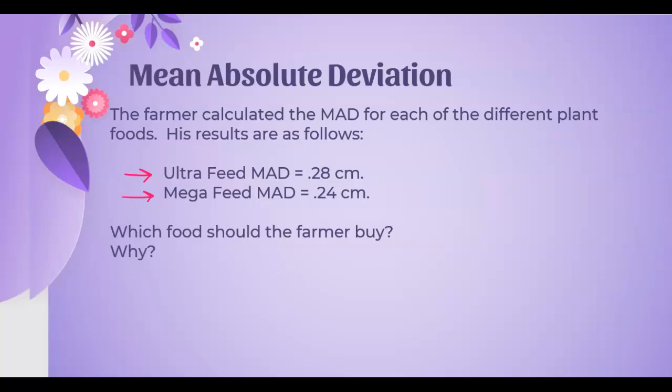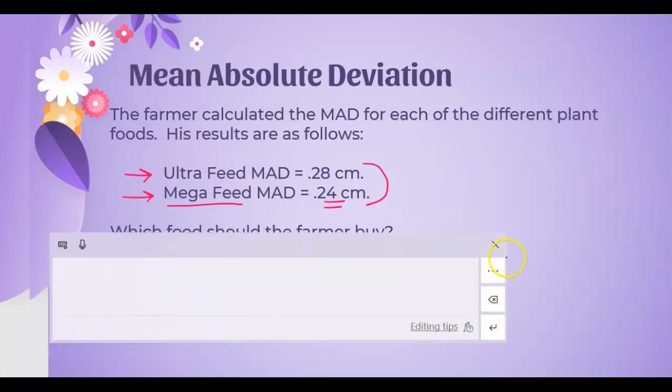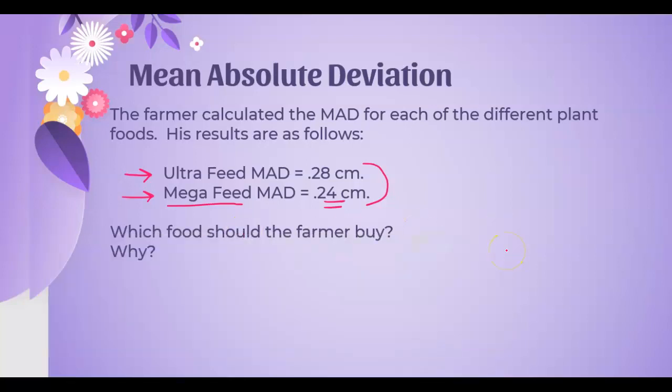So which plant food would you buy? Well, when we compare these two, we see that the mega feed, right down here, produces less variability. It's a smaller MAD. Okay, it produces less variability than the ultra feed.